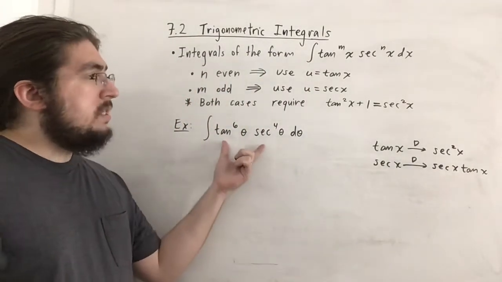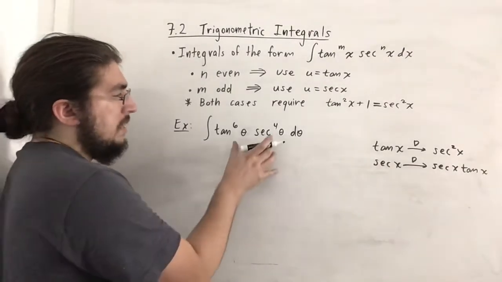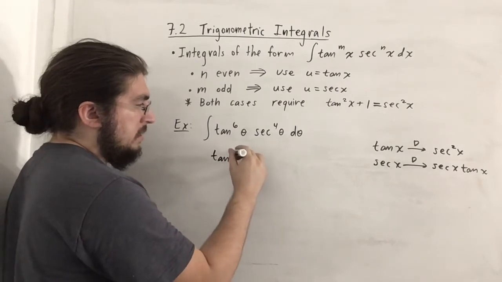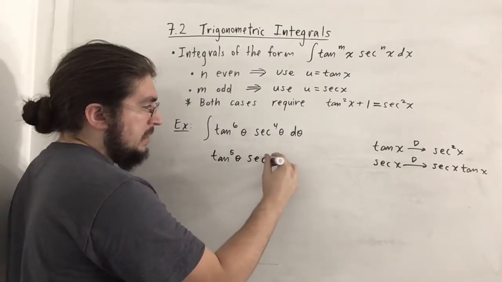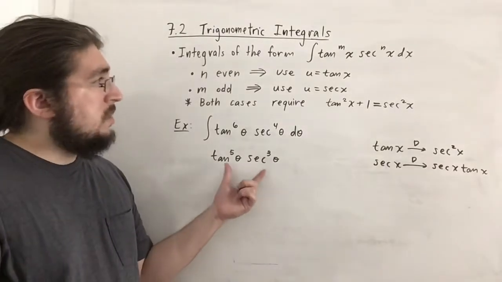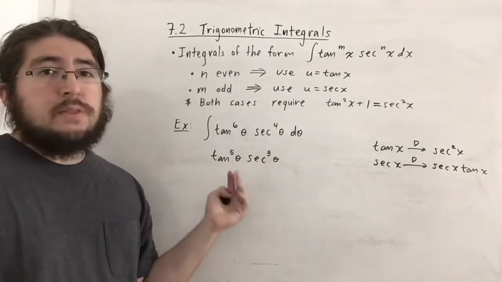And notice, if we were to save secant tangent off to the side, I don't think that's a good idea, because if we do that, then we'll have tangent to the 5th theta and secant to the 3rd theta, and we don't have any even powers left over, so we can't actually use the Pythagorean identity to rewrite one in terms of the other.